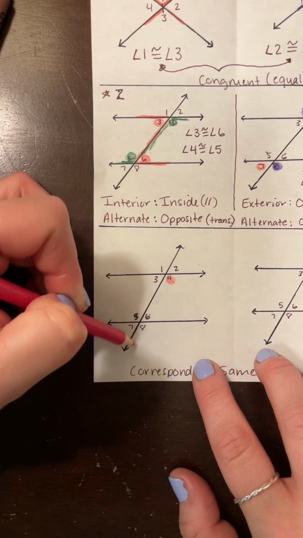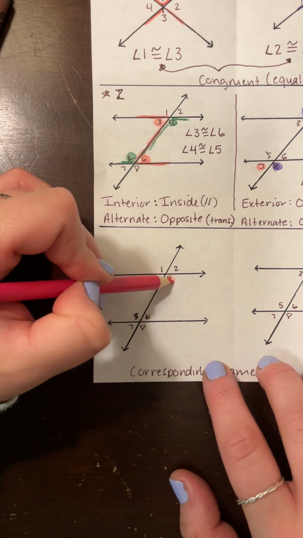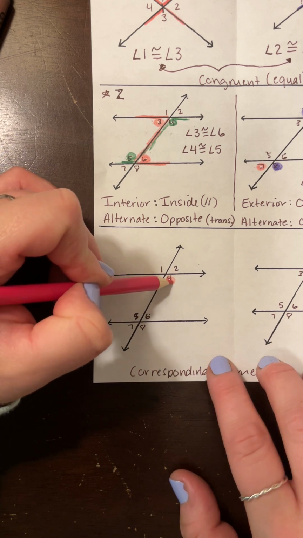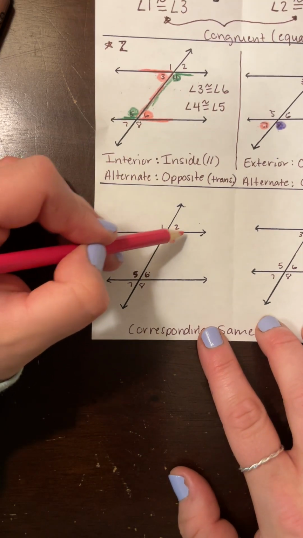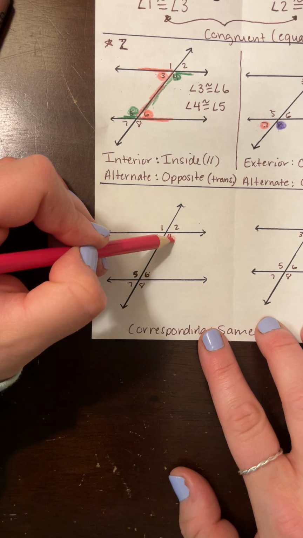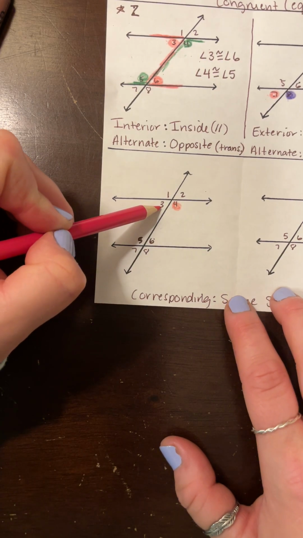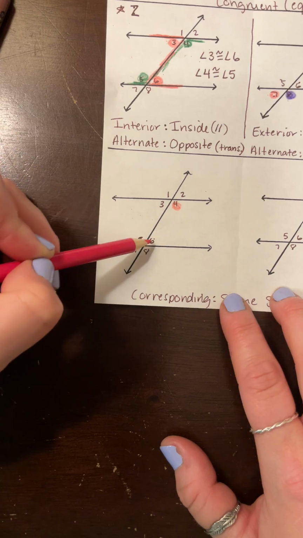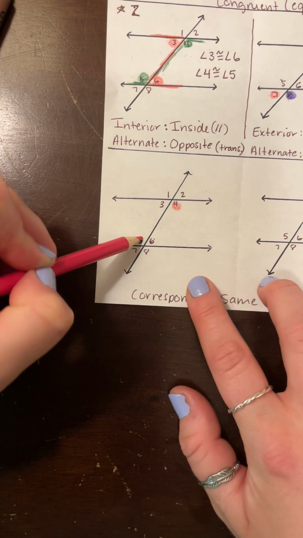And compared to this transversal, it's to the right. So it's below its parallel, it's to the right of the transversal. So what other angle is in the same spot? Well, it has to be below a parallel line and to the right of a transversal. So this one's below a parallel line, but it's to the left, so that's not it. These are both above parallel lines, above this one at least.